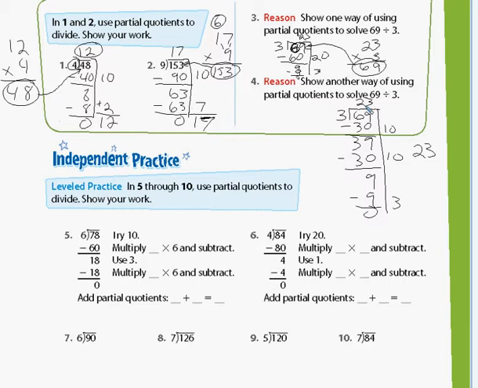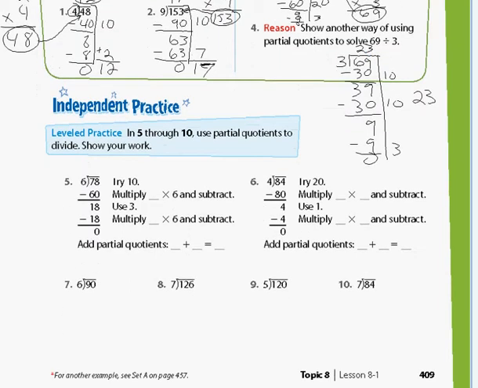Okay, I'm going to go ahead and do the even problems, and you're going to come back and do the odd ones. This one right here is basically just showing some steps to go through. So on problem number 6, the first one we're going to do, it's saying try 20.